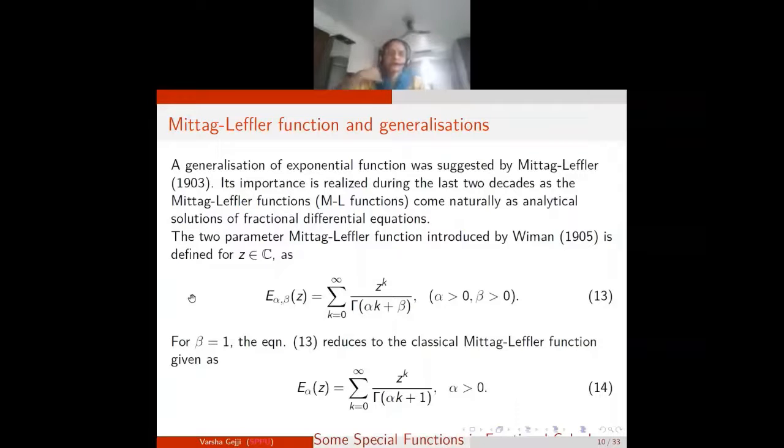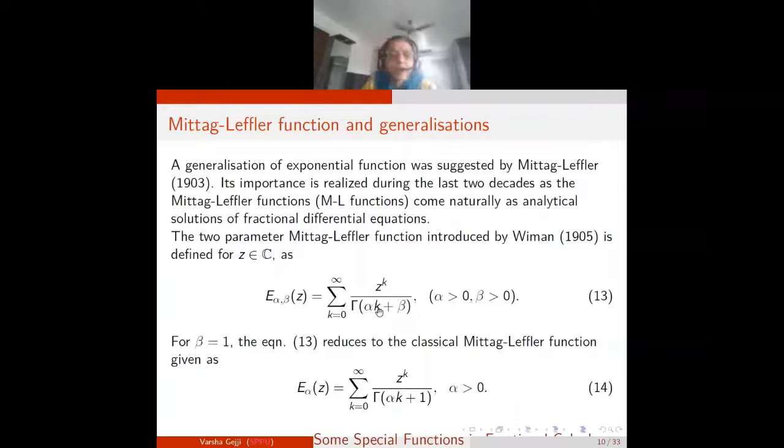Now a generalization of the exponential function was suggested. Just as the role played by the exponential function in ordinary differential equations is taken up by the Mittag-Leffler function, introduced by the Swedish mathematician Mittag-Leffler, and its generalization introduced by Wiman in 1905 is given in 13.